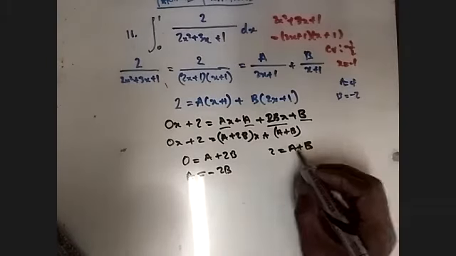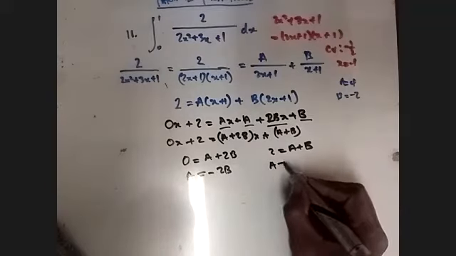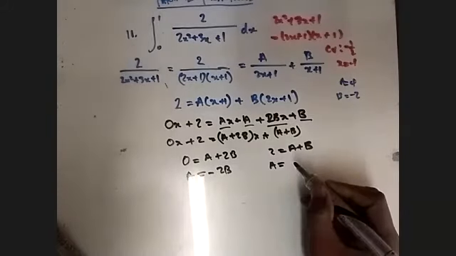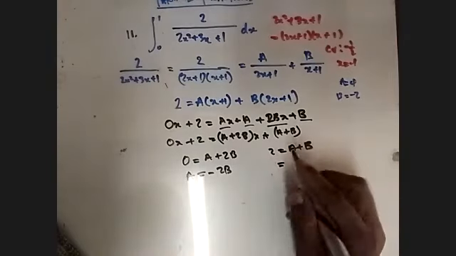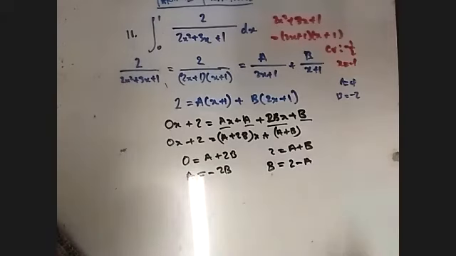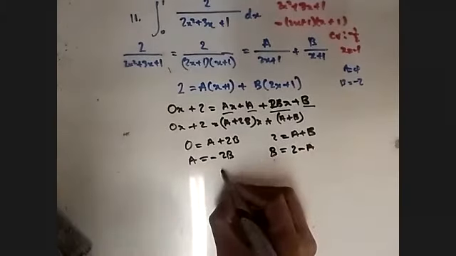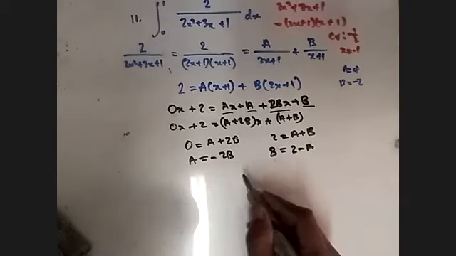So let me say B is equal to 2 minus A. Okay, let us substitute. But why do I need to say B is equal to 2 minus A?